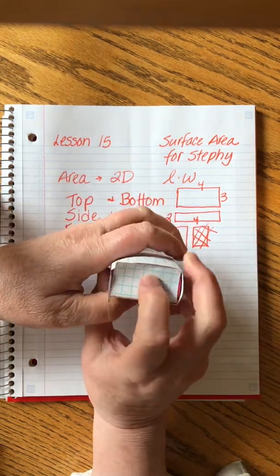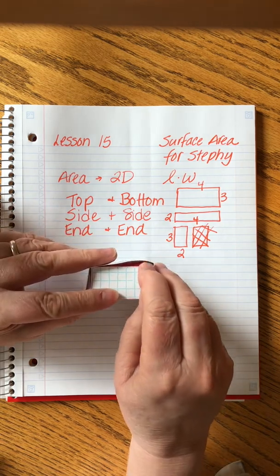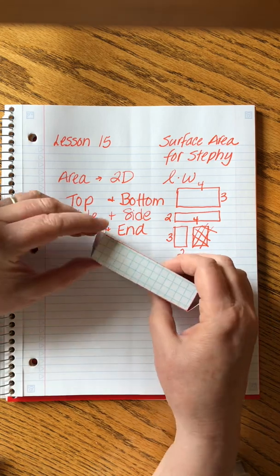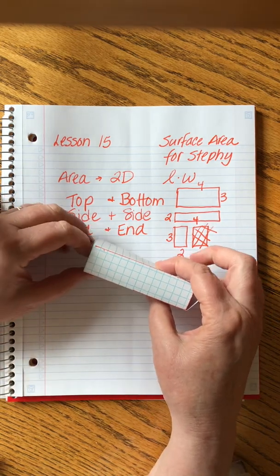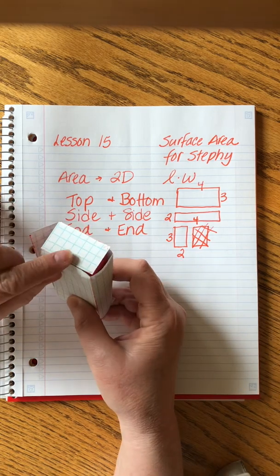Likewise, on the short end, he tells us that this dimension is 2. So that's going to help us with this calculation, but also this calculation, because this is also 2. Okay? And then what else do we have? 3. This dimension is 3.